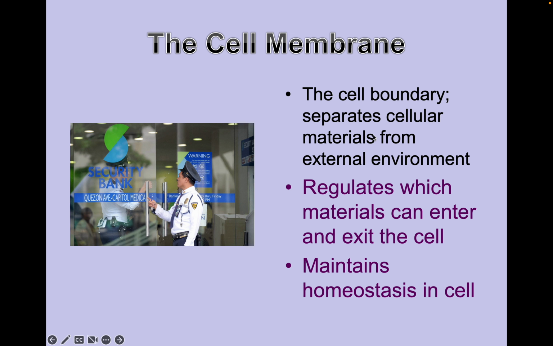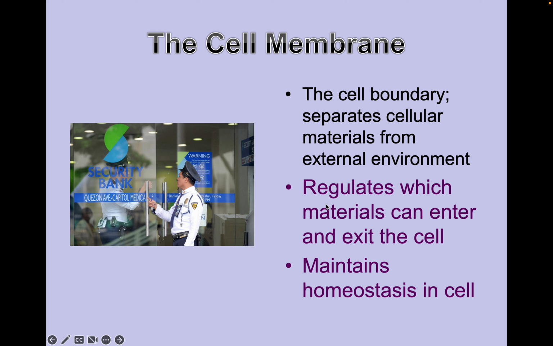The main function of the cell membrane is as a selective barrier. However, there are also equally important functions of the cell membrane, and they are stated here in our slide. The cell boundary regulates the materials and maintains homeostasis.